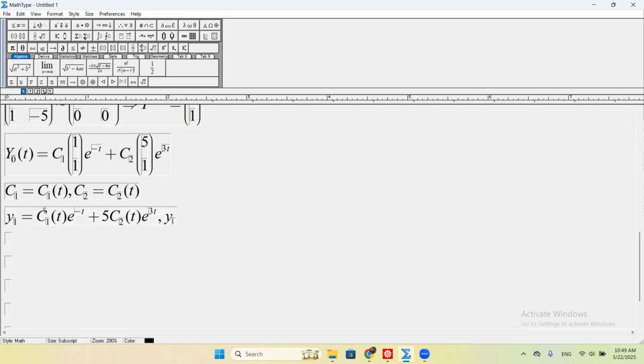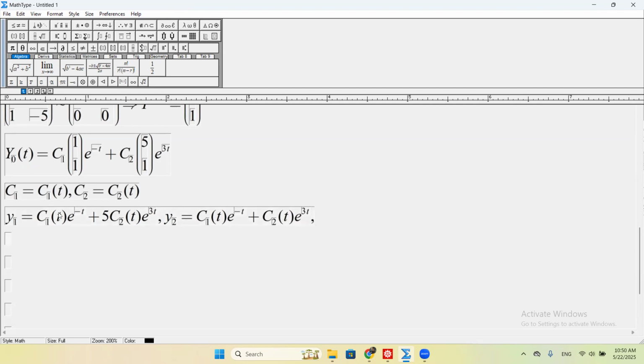Then y2 equals C1 of t e in power of minus t plus C2 of t e in power of 3t.